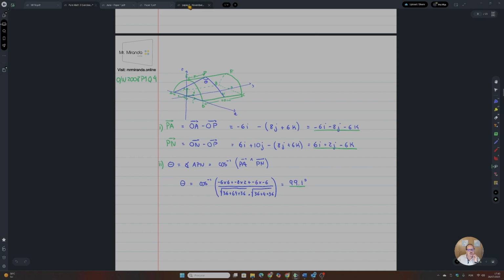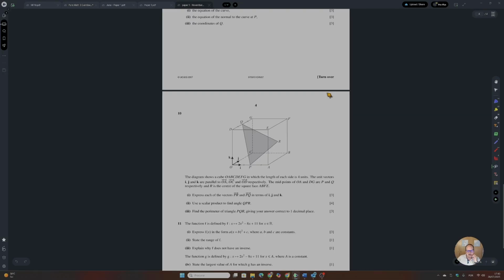Now the last one, it's another paper one. This is October-November 2007, question 10. Okay, another diagram which shows the cube OABCDEFG, in which the length of each side is 4 units. The unit vectors i, j and k are parallel to OA, OC, and OD respectively.